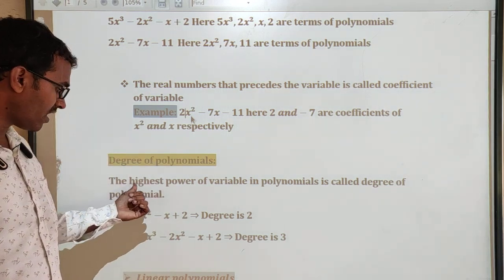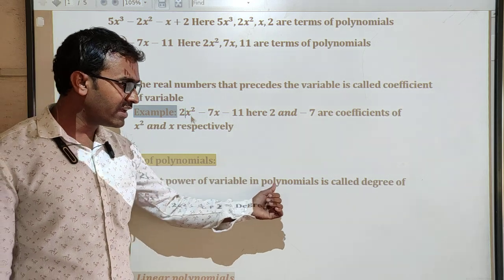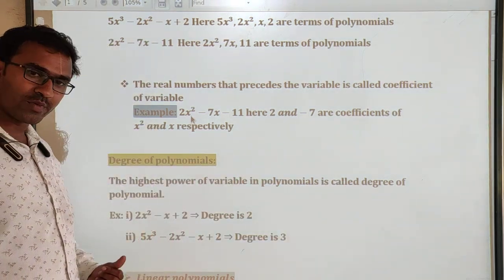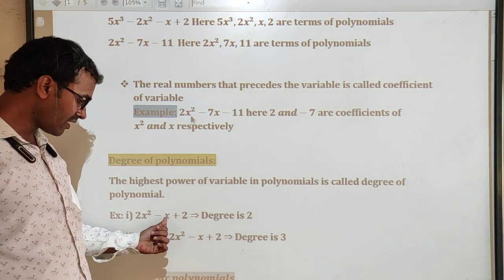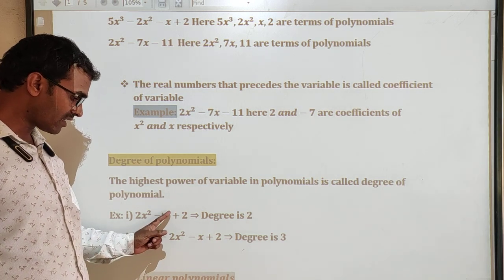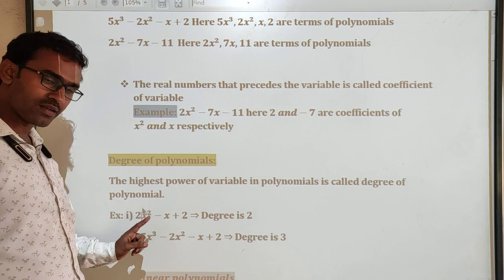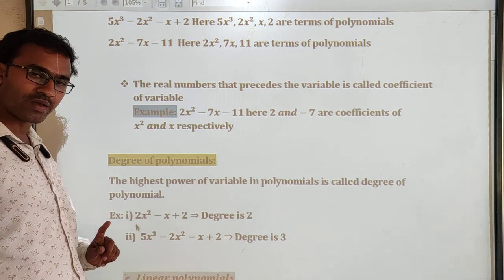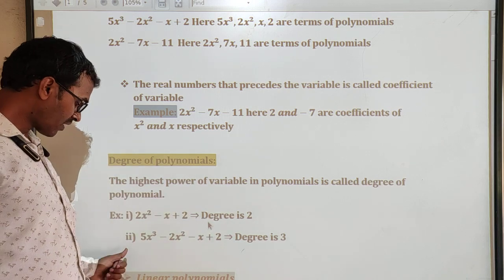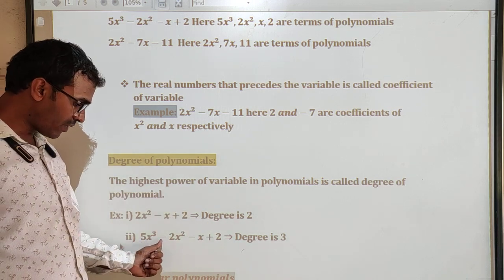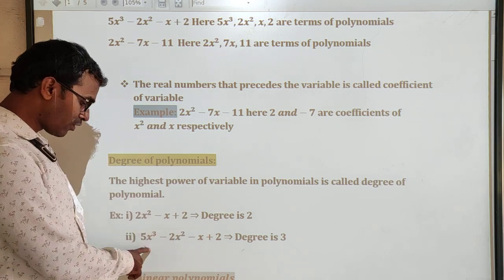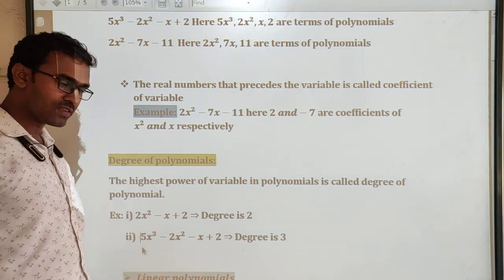In this polynomial, the variable is x. The highest power, here x raised to nothing means 1, here x square, is 2. Therefore the degree is 2. Another example, 5x cube minus 2x square minus 6x plus 2. Here the degree is 3 because the highest power of the variable is 3.